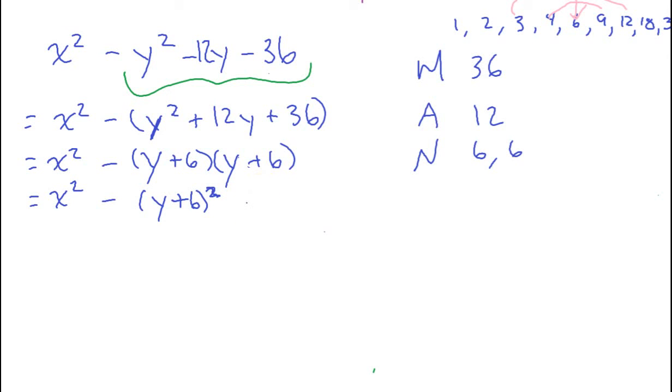Okay, so does this fit any patterns that we know? We have a perfect square minus a perfect square. So we have difference of squares. This is where knowing the patterns comes in handy, at least you can identify it. And so this means we have x plus what's in the bracket and x minus everything in the bracket.